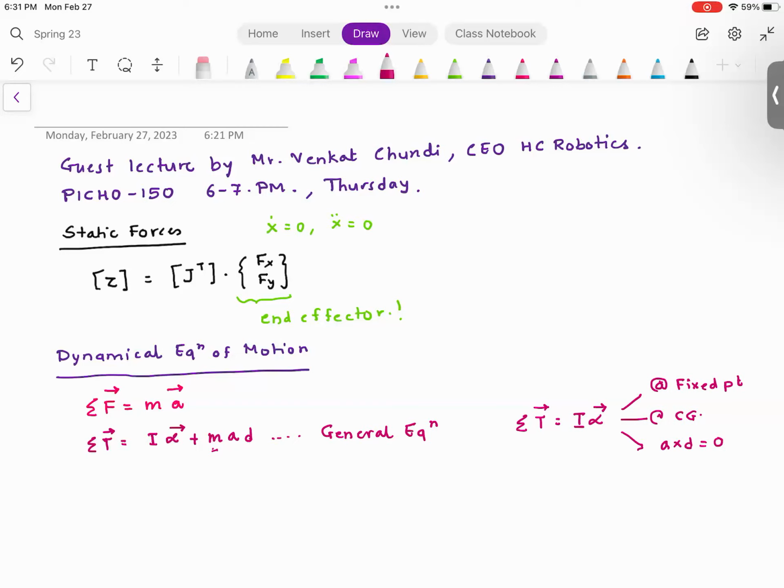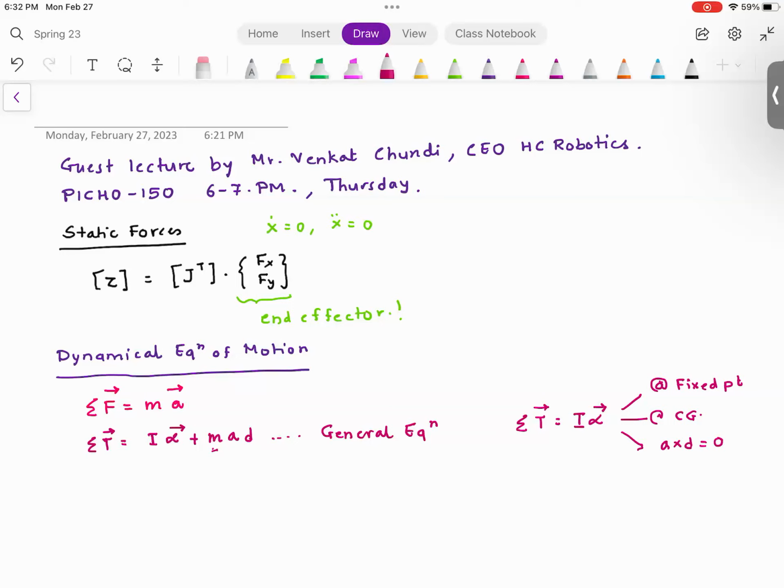In other words, they are parallel to each other. Actually, cosine theta is equal to 0 when they are perpendicular to each other. So in that case, that happens.